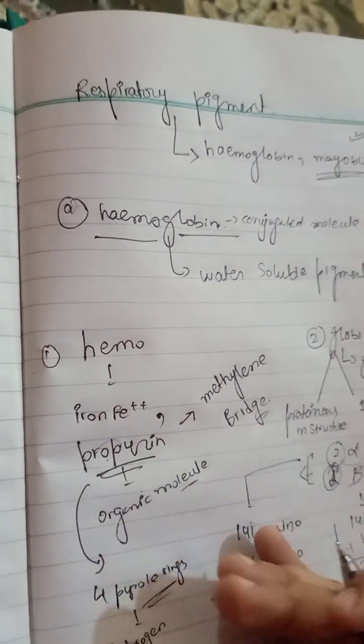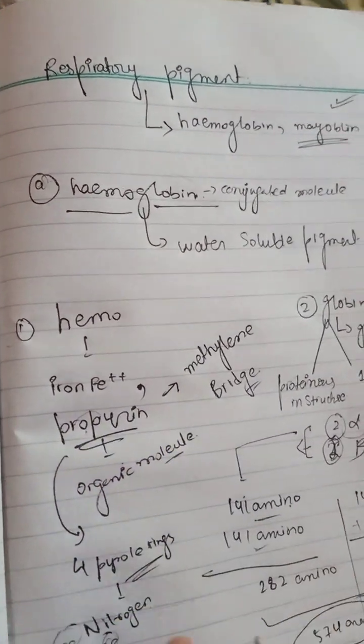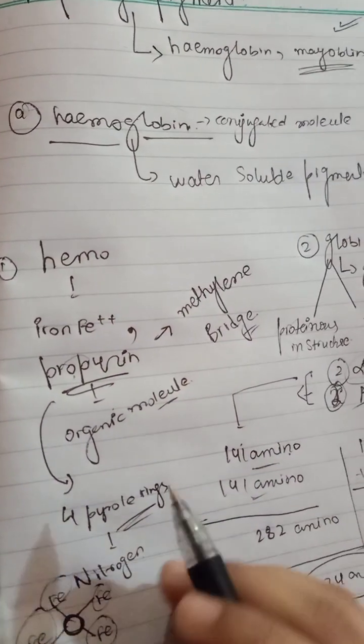Porphyrin is embedded within the alpha and beta chains.